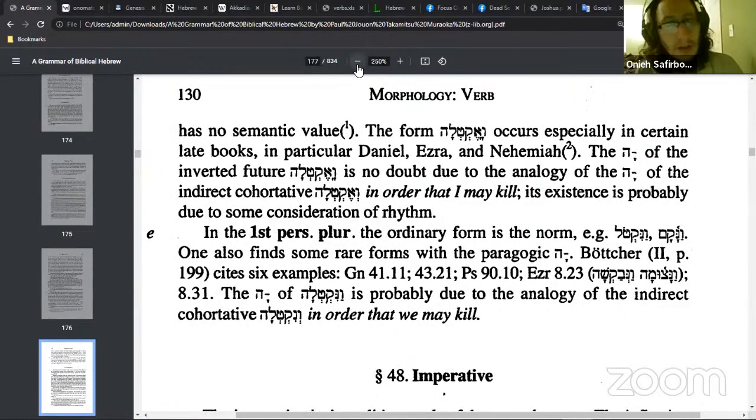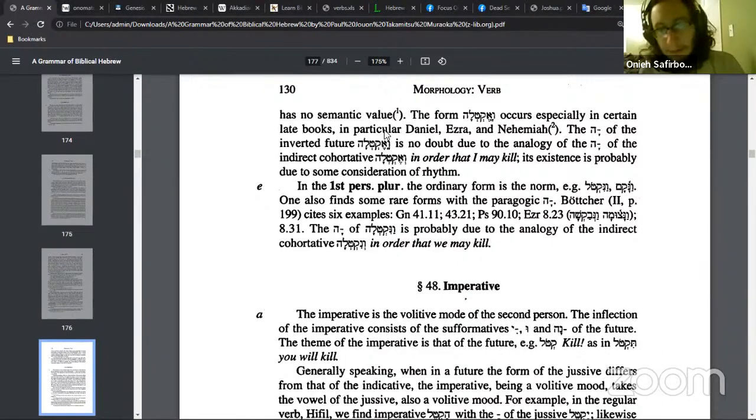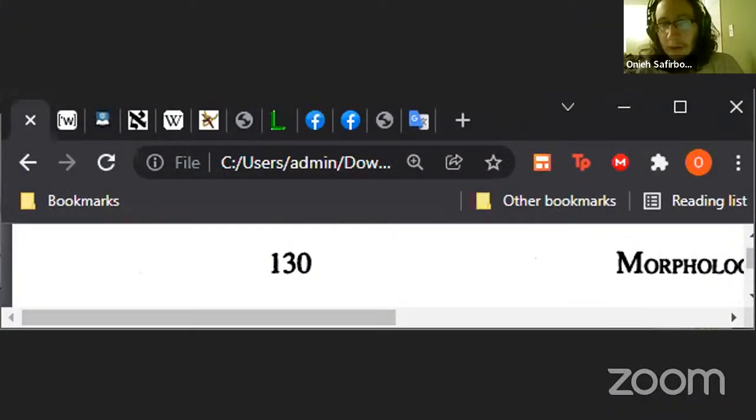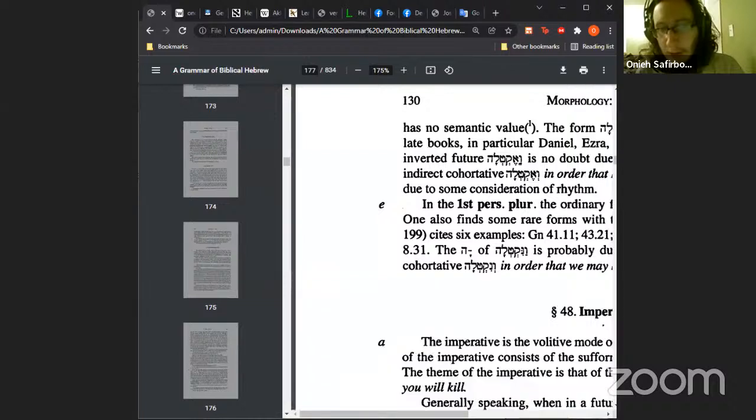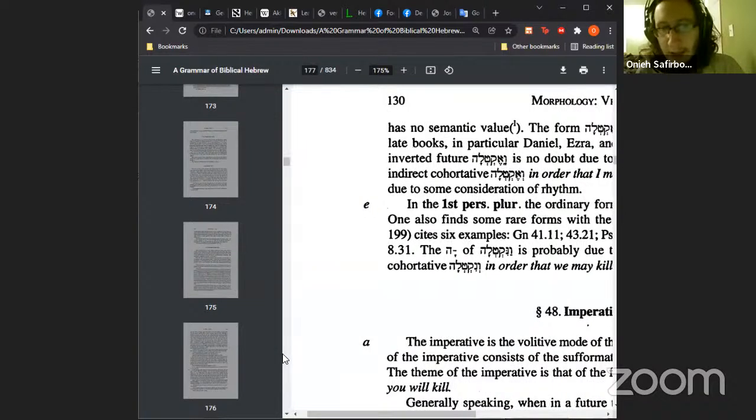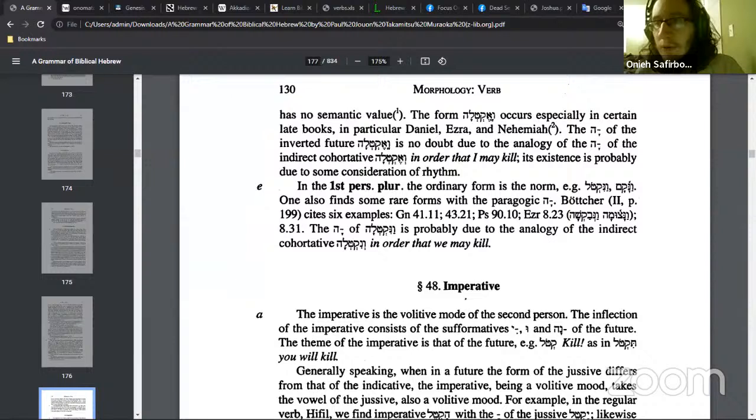I'm actually going to zoom out here. All right, hold on. I don't know why it has this sidebar here. Ideally, we would not have that. Not sure if there's a way to get rid of that.